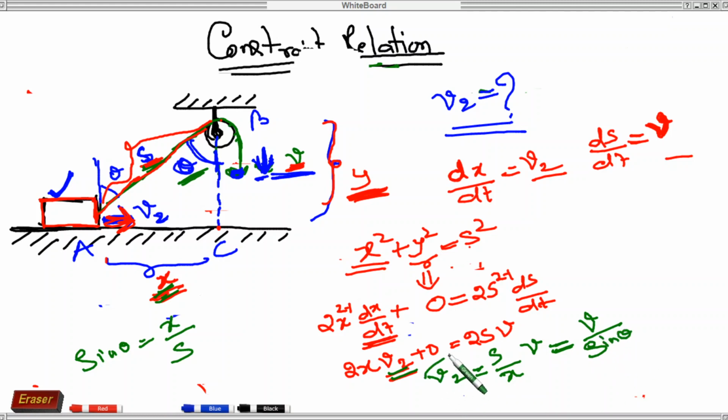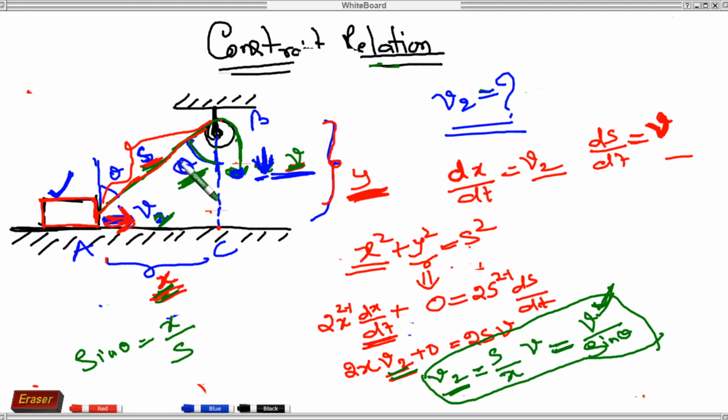So here is a relation between the velocity v2 and this v. Remember, theta will also change.